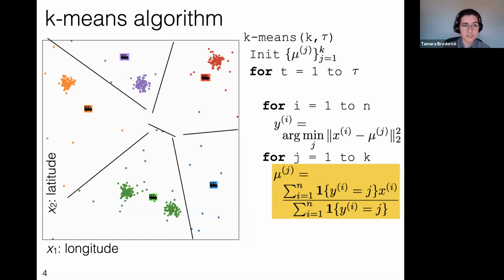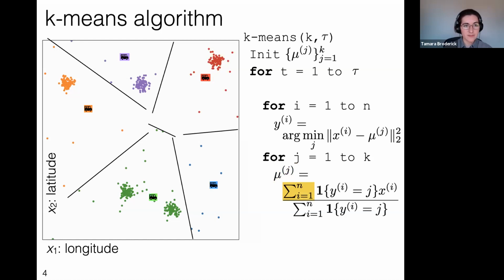You can actually work this out for yourself to show that that's true, but let me just convince you that what I have written here is in fact the mean. So what are we seeing here? mu super j is the location of the jth food truck. So this should be a vector of size equal to our feature vector, because this food truck exists in the same space that our x's exist.